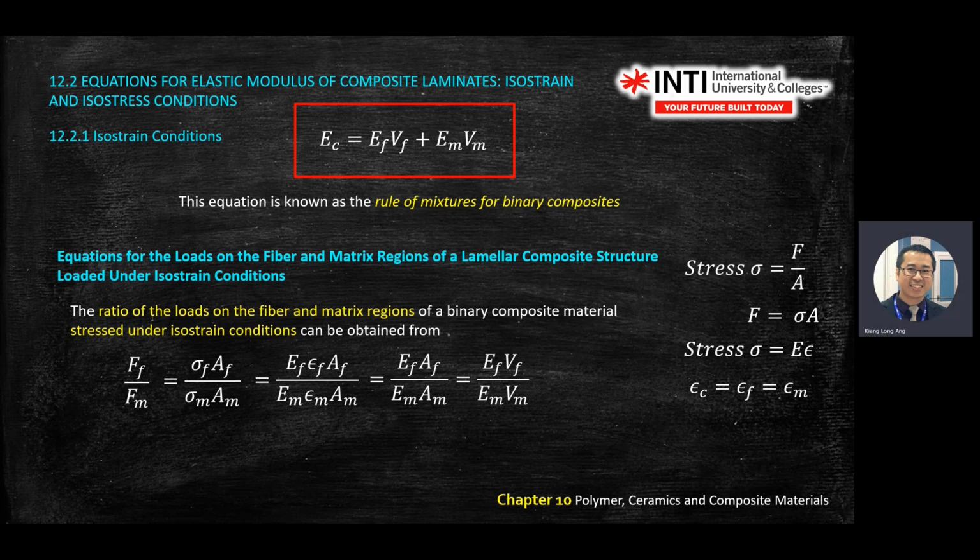Same with the fiber, same with the matrix. Then you know that the strain for fiber and matrix is the same in the isostrain condition. Isostrain means the way you pull is balanced, right? So you can cancel the strain. The deformation of fiber and matrix is the same, so you can cancel. Then what is left is the modulus and the area.